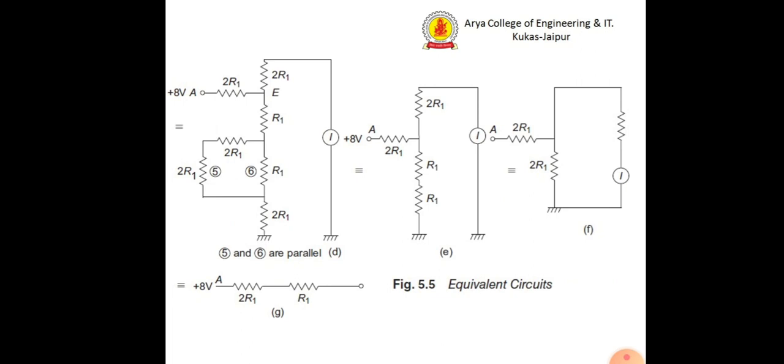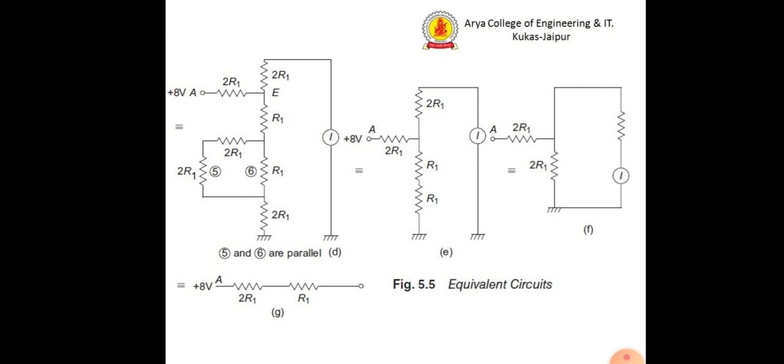The total resistance of the circuit, as you can see in the last part G, is 2R1 plus R1 equals 3R1. The total current will be I equals E by R, that is 8 volt upon 3R1.